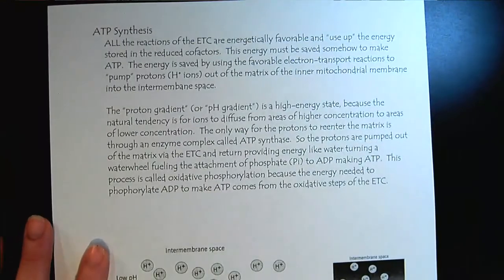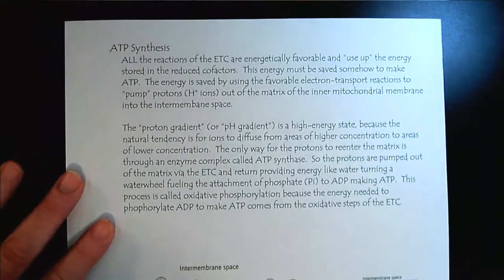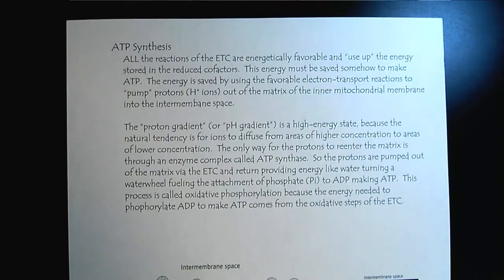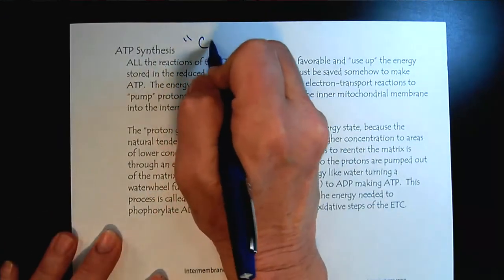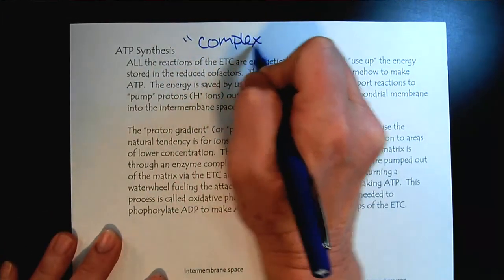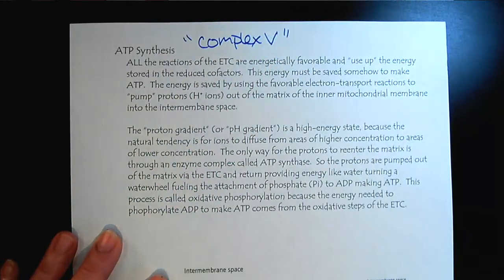In some biochem books, they describe ATP synthesis as complex 5.